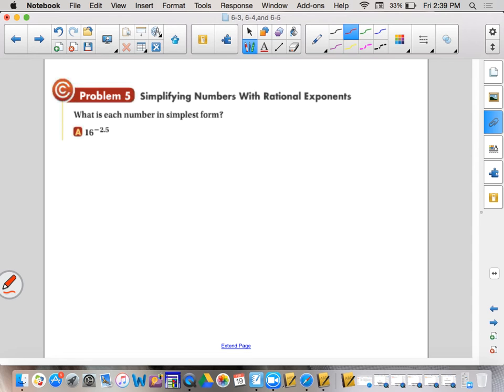I put 16 raised to the negative 2.5 in the calculator and then hit math, enter, enter, and it gives me 1 over 1024. You can do that as long as you do not have a variable in your problem.